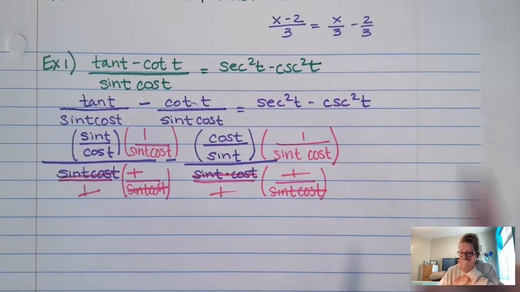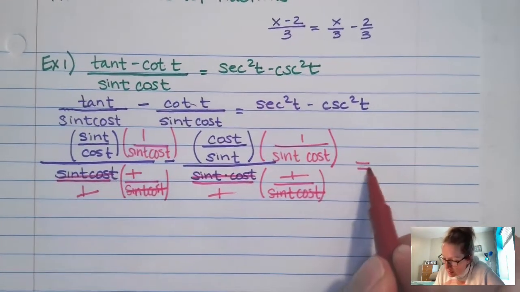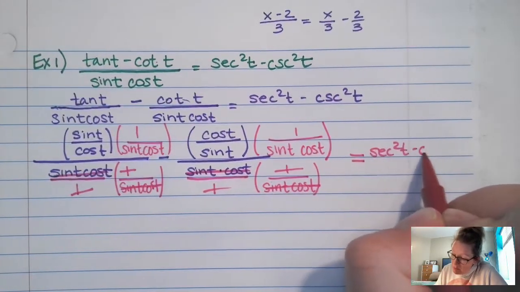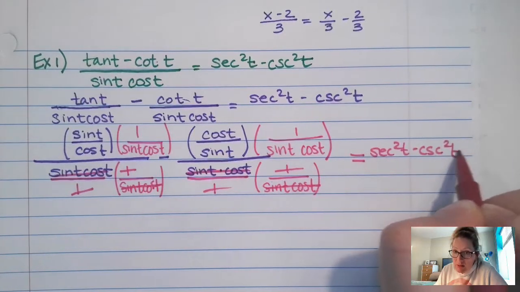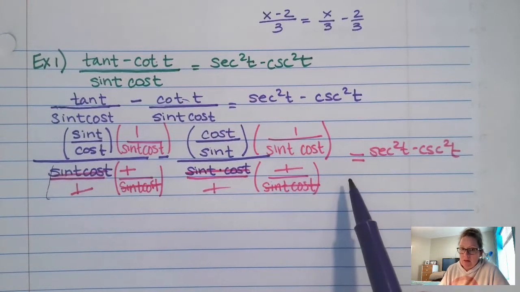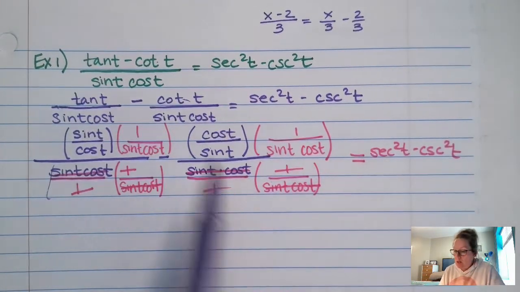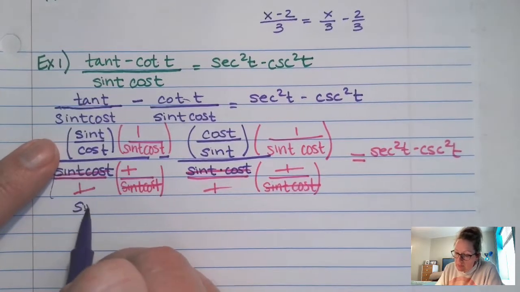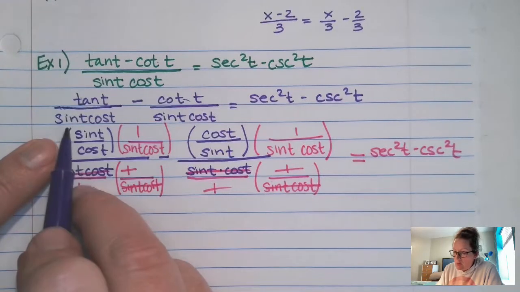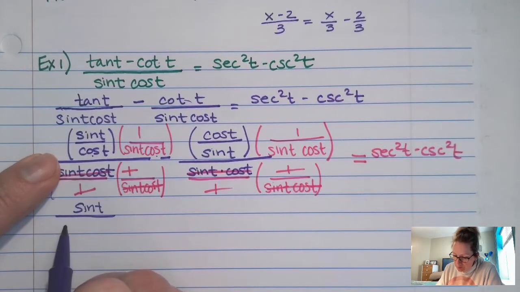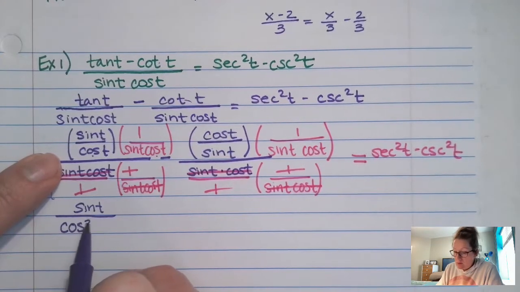Okay, so now let's rewrite what we have. I'm still going to write that equal sign over here, and if you want to rewrite that function, go for it. It's probably the better habit to have when doing these. Okay, so all of this nasty denominator is gone. So now I'm just working with the numerator. Multiply fractions straight across. So sine t times 1 is going to be sine t. Cosine t times sine t times cosine t, that's going to be, cos times cos is cos squared t.